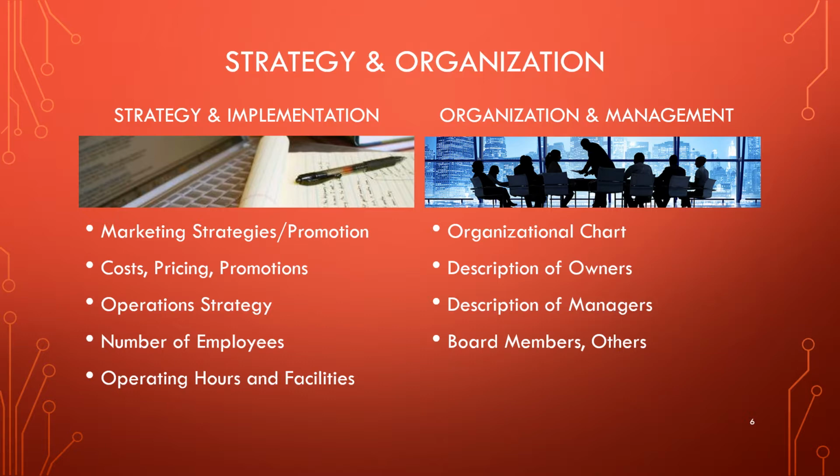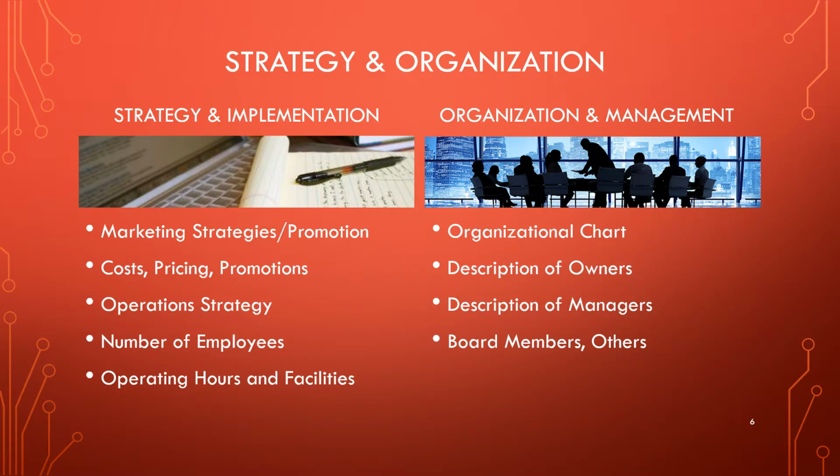The next part of this section is the specifics about costs, pricing, promotions, and the distribution and logistics. Promotions include word of mouth, referrals, reviews, advertisements in social media, and direct mail.